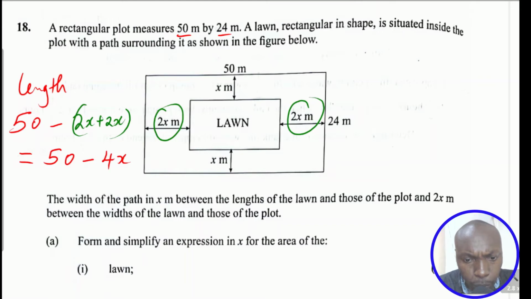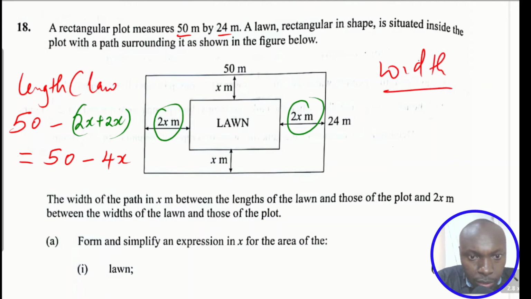Now what about the width of the lawn? This one, let me indicate, is the lawn. So look at the width. The width of the rectangle is 24 meters. Then there's this path.